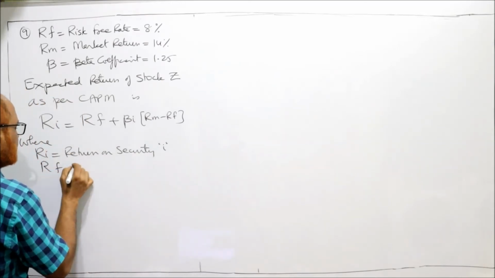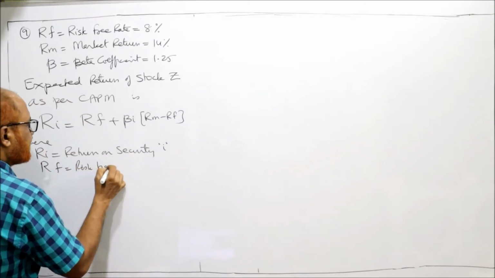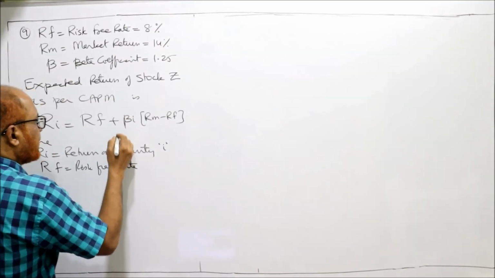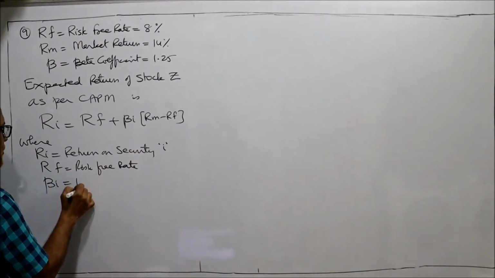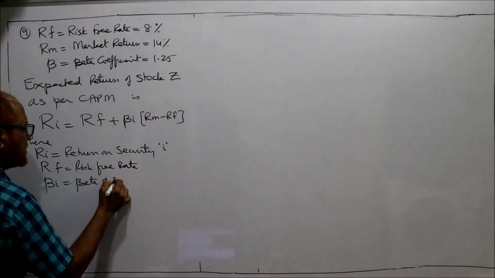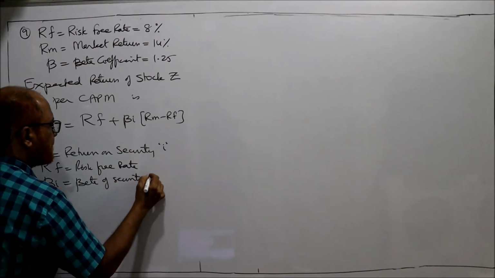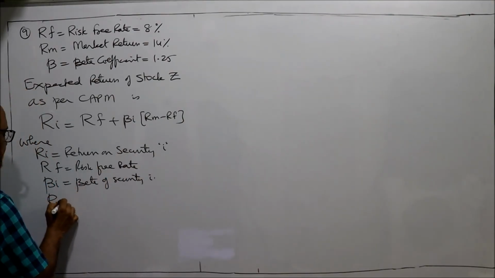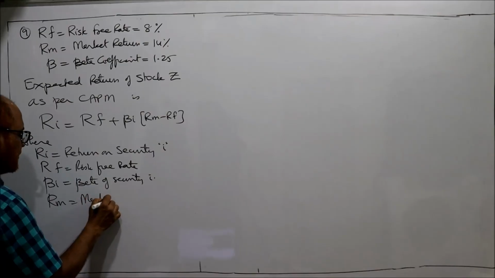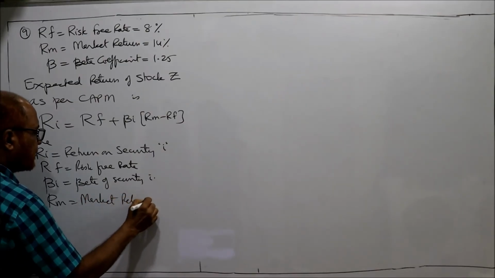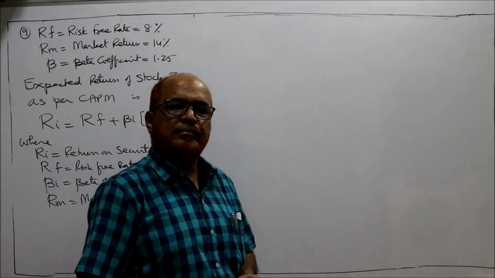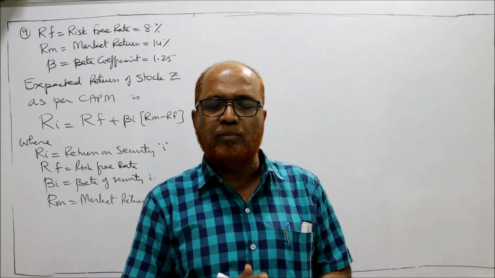RF is the risk free rate. And BI is equal to beta of security I. RM is equal to market return. ये फॉर्मूला है CAPM अप्लाई करके एक्सपेक्टेड रिटर्न मालूम करने के लिए.